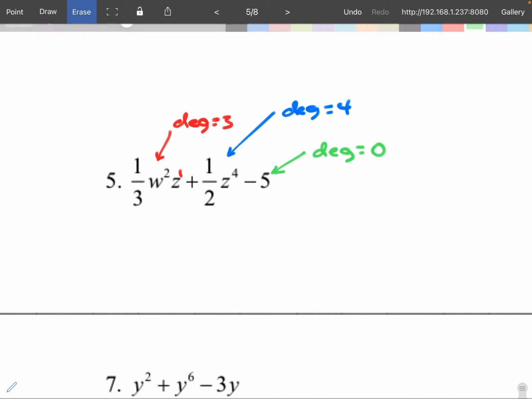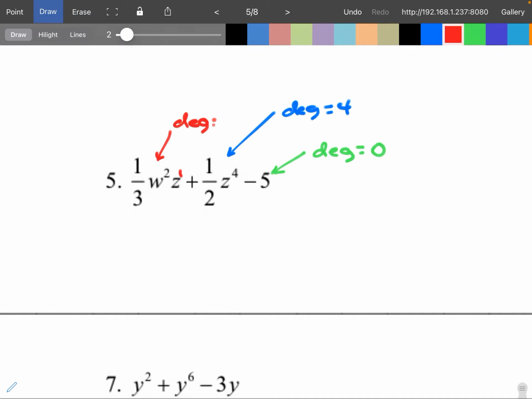It's supposed to say degree 3. So what's the highest degree out of those 3 terms? 4. So that's the degree of the polynomial.